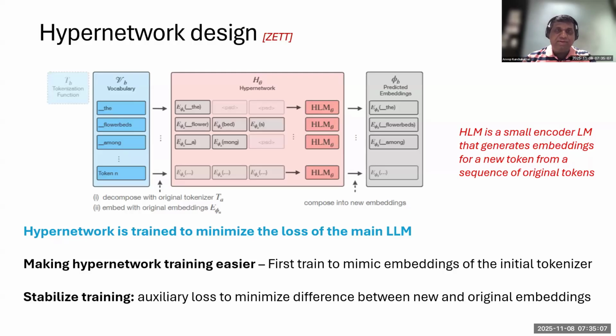This is the network that is being optimized during the LM training process, and we make this training more stable by making sure that first we learn to mimic the embeddings of the initial tokenizer, and then later we make sure that for these original tokens, the embeddings don't change much during the training process.